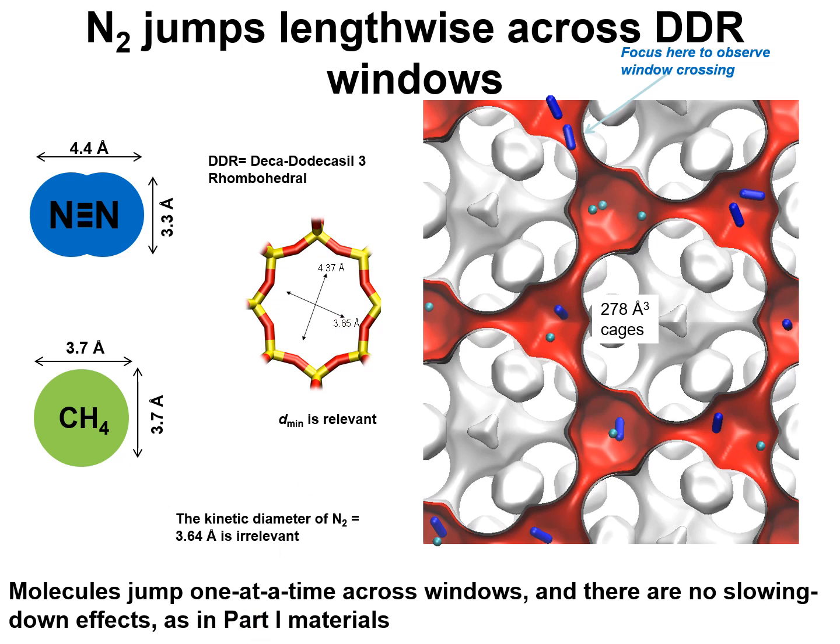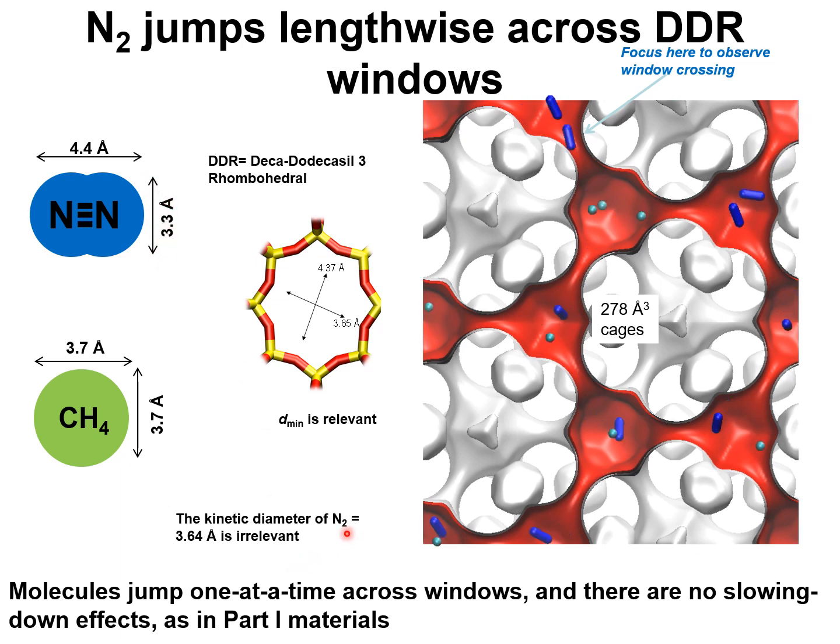We note from the MD animations that nitrogen jumps lengthwise across the window from one cage to the adjacent cage, and the relevant dimension for diffusion is 3.3 angstrom.